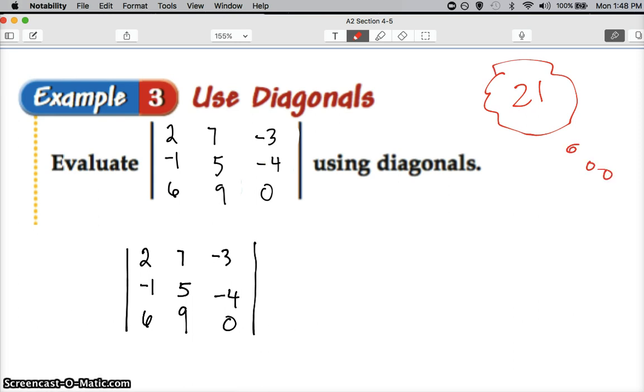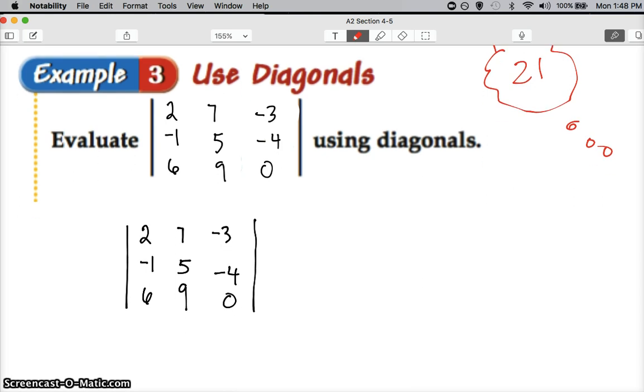Now for this method, the first thing you want to do is rewrite the entire matrix, and then write the first and second column again right after. So you'd write 2, negative 1, 6, and 7, 5, and 9. And then we're going to run some diagonals through the whole thing.